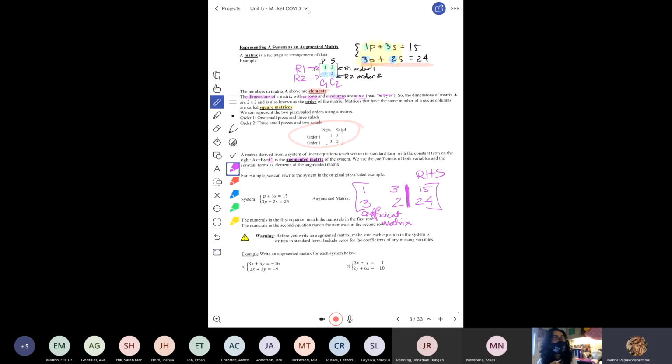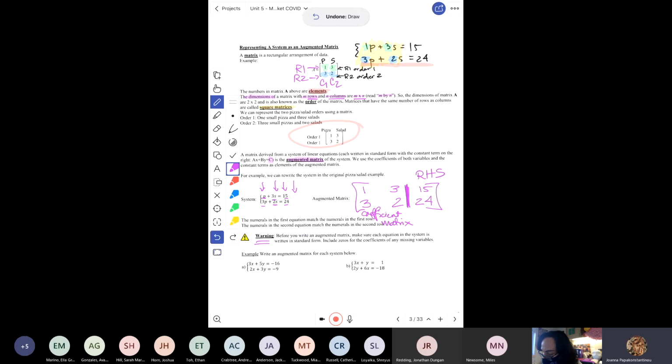Now, we have to be very careful before we even write the matrix for the first time that our variables, our equations, are written in the same order. If you put a P and an S in the same column, you're not going to get the right answer. So the very first thing you want to do is rewrite the equation in standard form. If any of your variables are missing, you want to make sure you put a 0 as a placeholder.